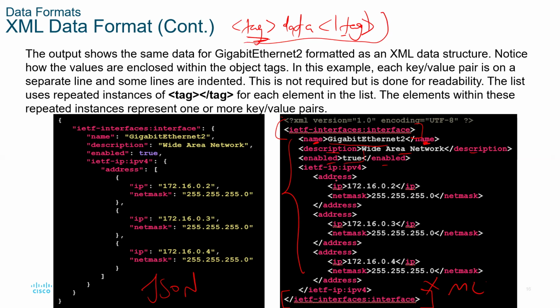True. Address, then you have your data in between. So this is XML data format. Understanding the difference between them, by eye test, is very easy. One has braces, brackets, commas and quotes, the other one is in tags.